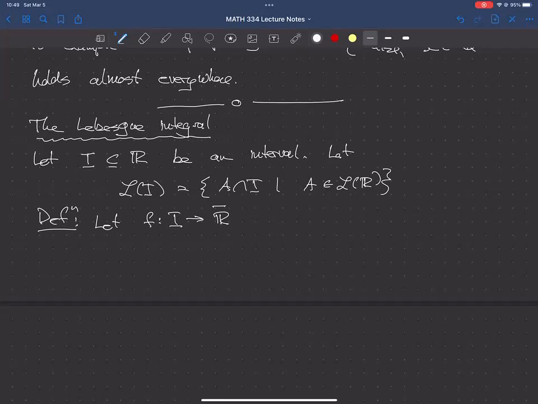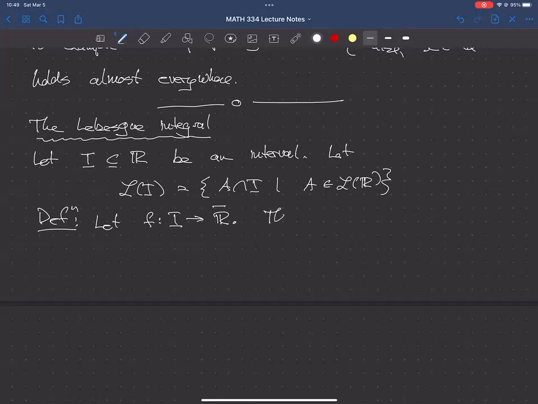You may have a sequence of functions that becomes increasingly larger at some collection of points, and you want to include the pointwise limit of those functions by allowing the value to be infinity at certain points. So it's convenient to allow functions to take values in the extended reals.